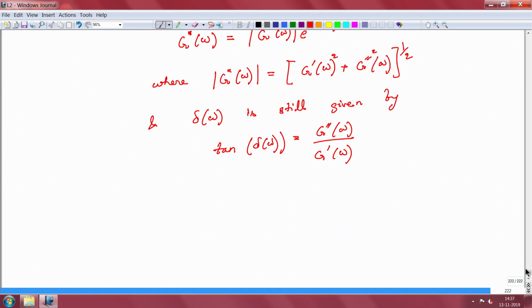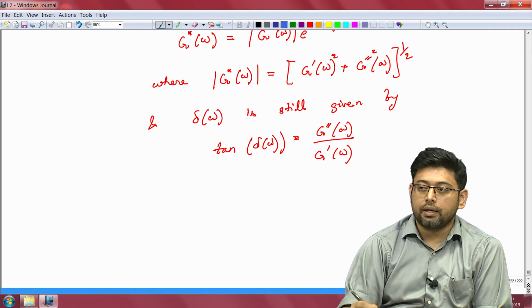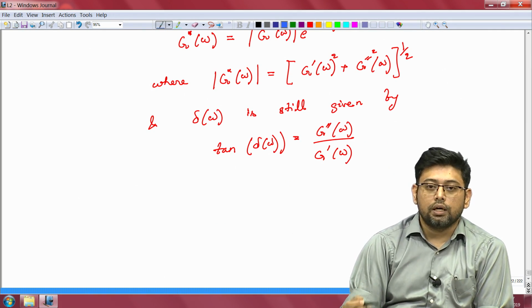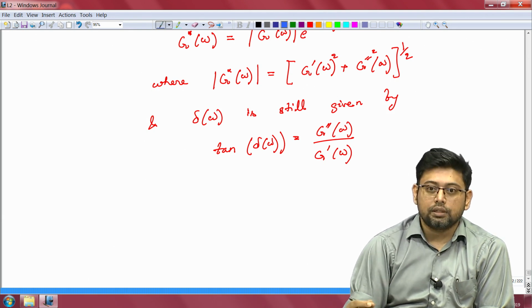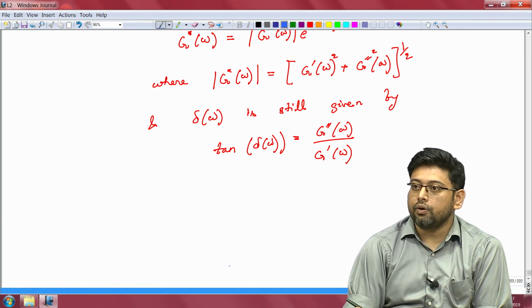So, these are the different forms that you will probably encounter in literature at different points of time. If you go through different books or different materials, then usually the same idea is put in very different forms, and these are some of the forms that you are very likely to encounter.